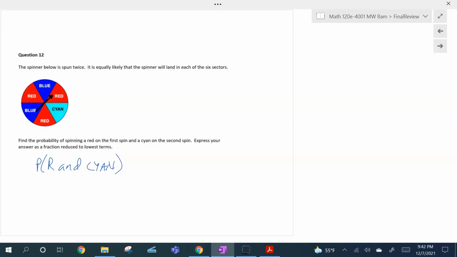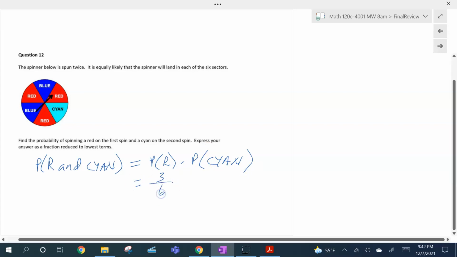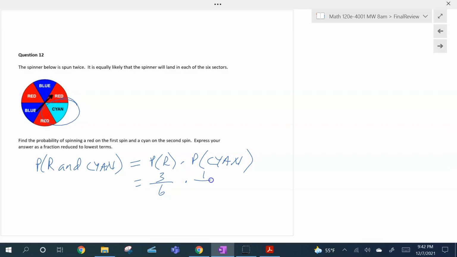Well, the probability of A and B is the probability of A times the probability of B. So the probability of a red, there's 3 out of 6 slots, times cayenne, there's only 1 of those out of the 6. So that's 1 out of 2 times 1 out of 6. Multiply your numerators, you get 1, multiply your denominators, 12. 1 out of 12 there.